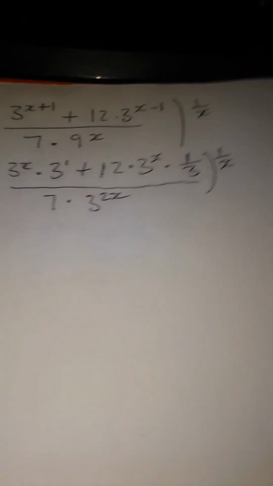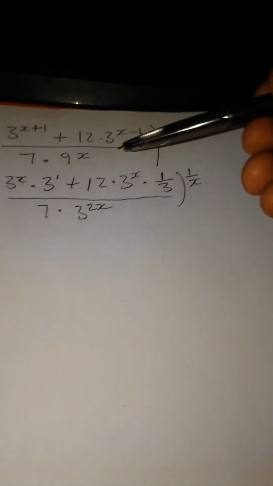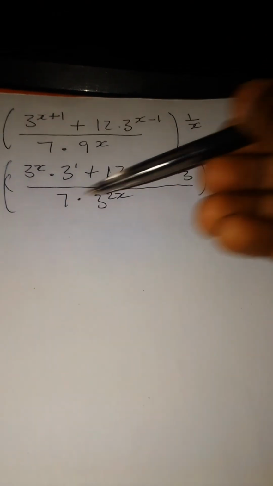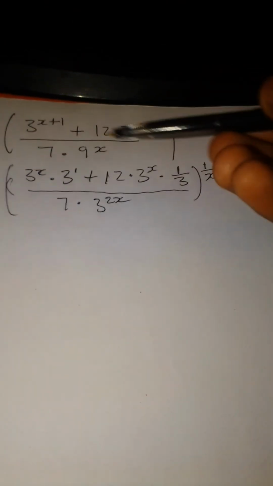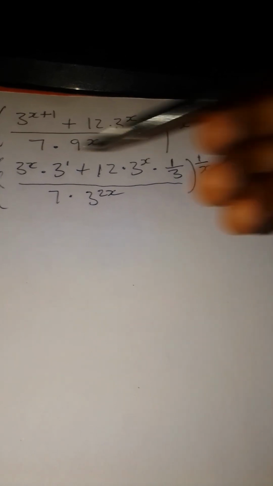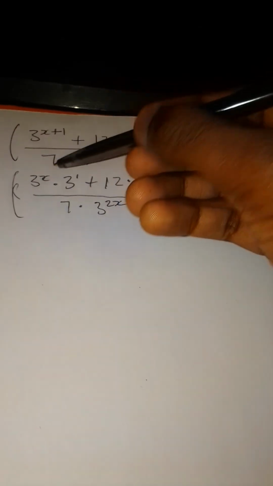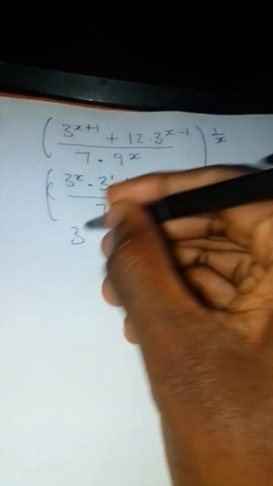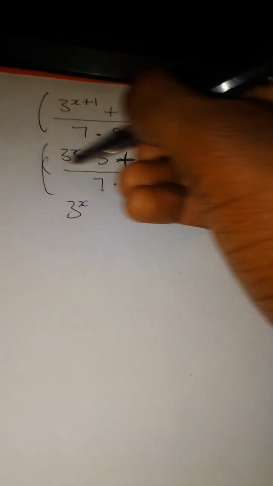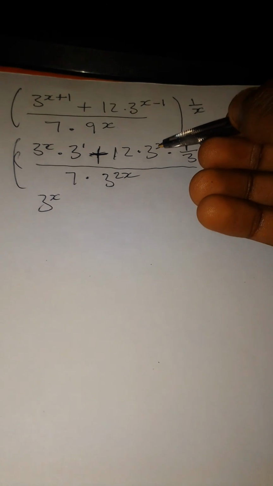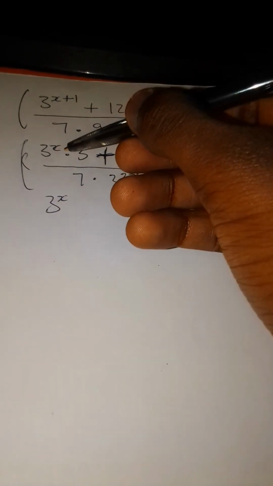Now, the first thing I'm going to do is start with the numerator, because at the denominator I can't work with something like this, but at my numerator I have a lot of values, so I have a complex expression, so I first have to work with that. The best thing is to take out 3 to the power of x, because I can see that in this term I have a 3 to the power of x, and in this term also I have a 3 to the power of x.